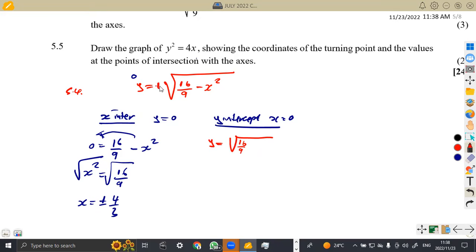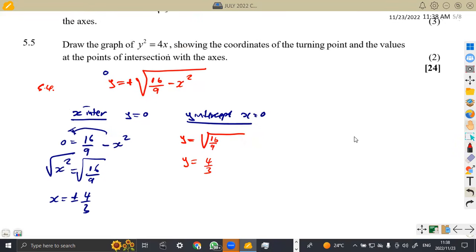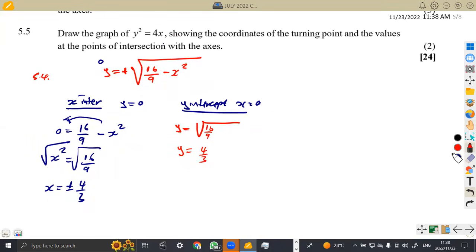In this case, it was supposed to be positive. So working with a positive, y is going to be plus 4 over 3. We are not having plus or minus, so it depends on the format that you're given. If you are given plus or minus, which means y is going to have two values. So this was actually an error type of equation. You're supposed to be told how to have this y in terms of, okay, so anyways, that's it.